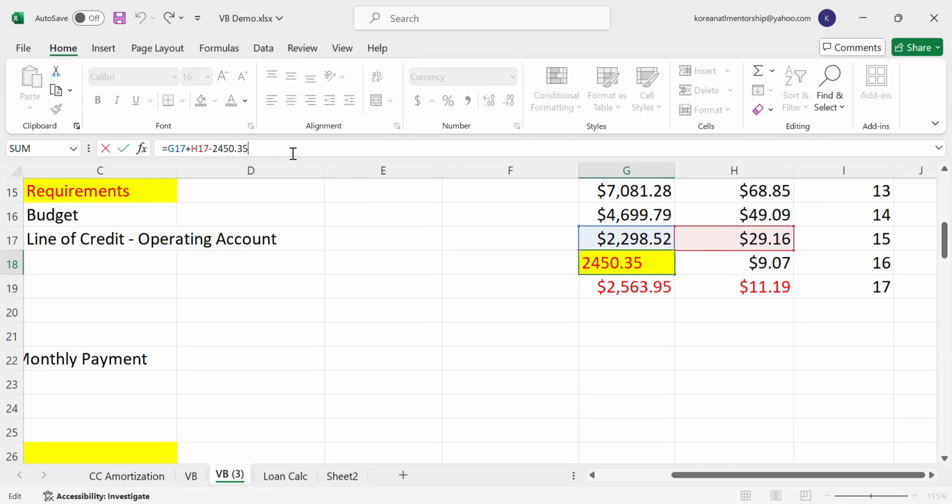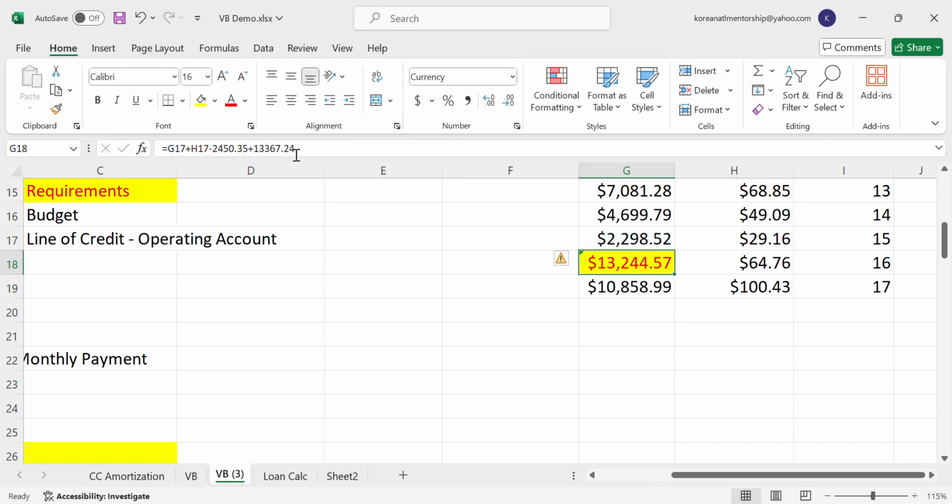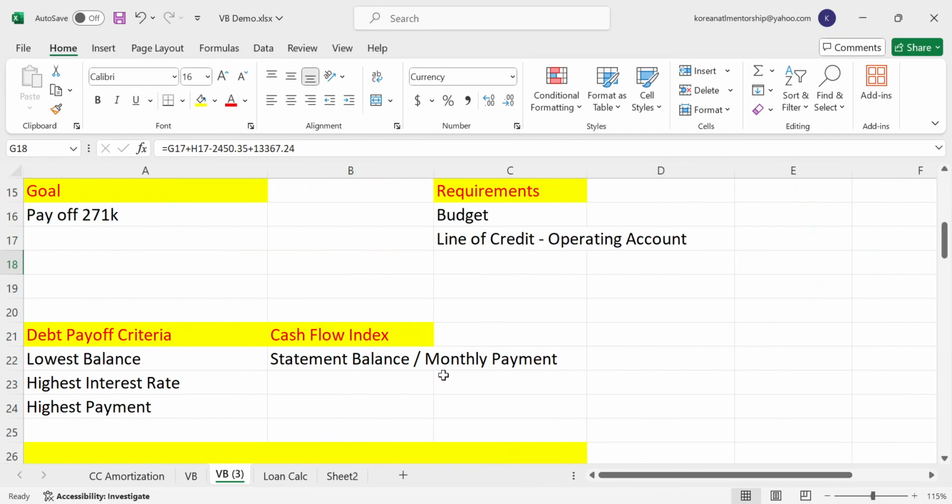So that would be plus 13367.24, right? And then, why is it giving me inconsistent? That's so weird. Yep, that's right. So ignore error, but I gotta reset the error checking options. Okay, now we did that.